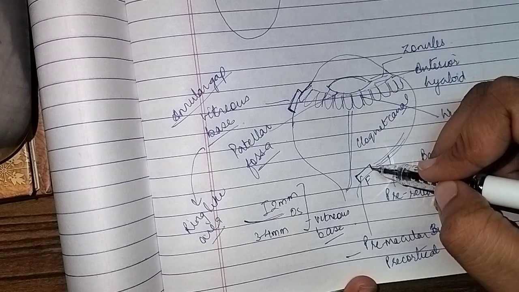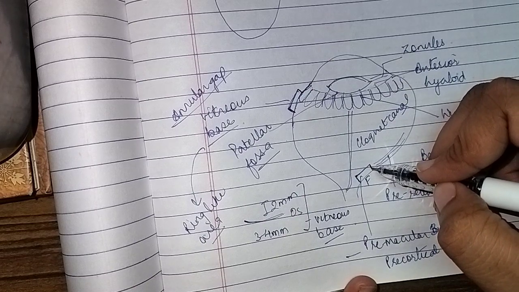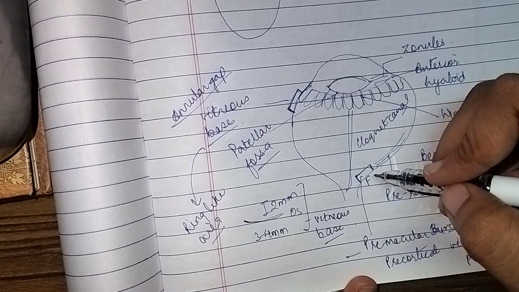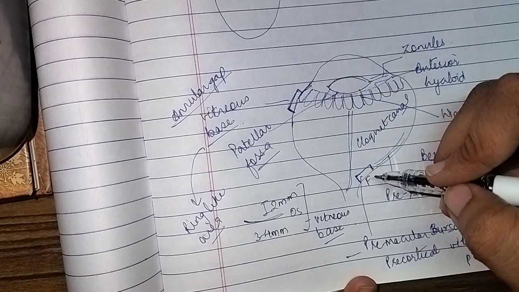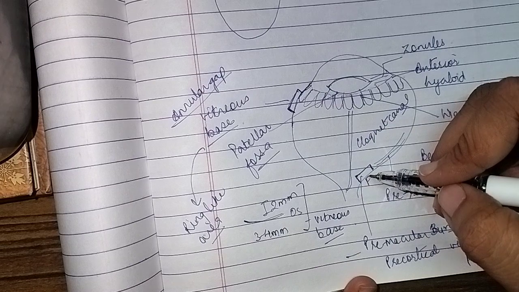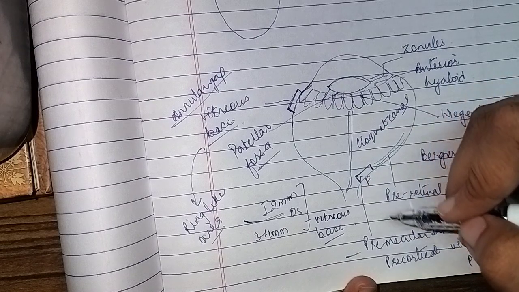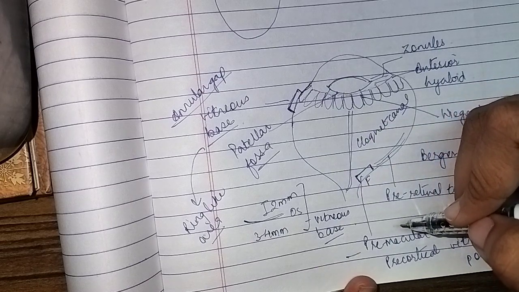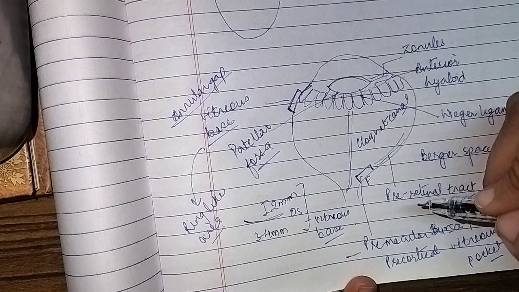Okay, this is called the premacular bursa or the posterior precortical vitreous pocket. So what is the significance of it? It decreases the tractional forces which are generated during ocular motion.